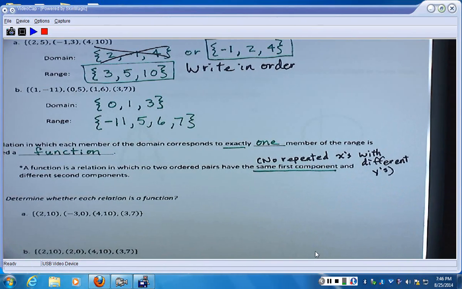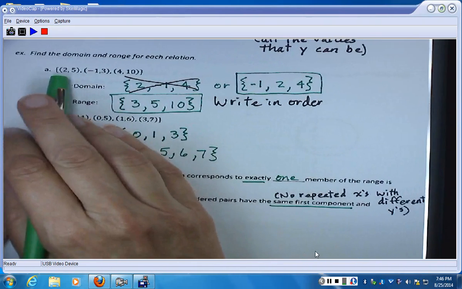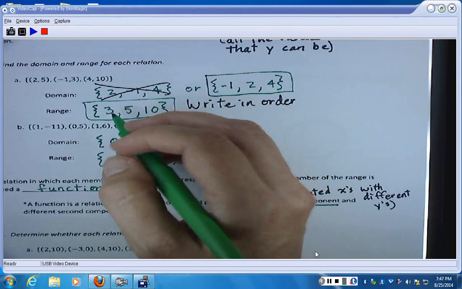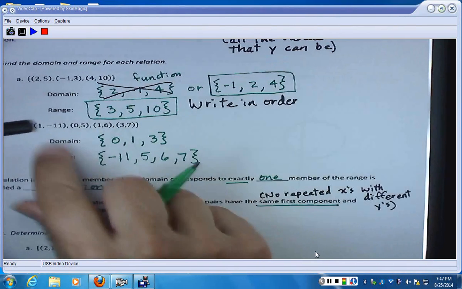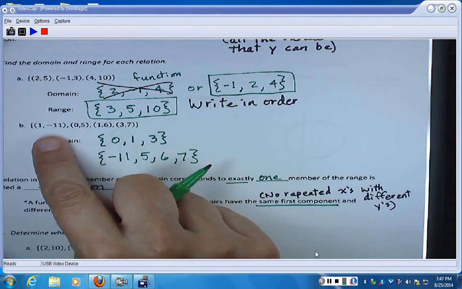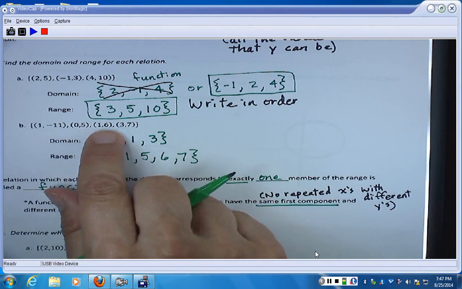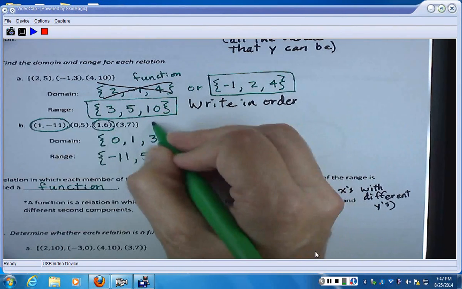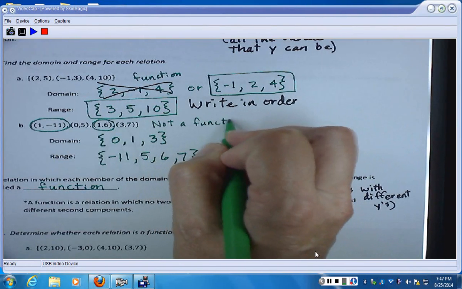Is this one a function? We have 1, negative 11, and 1, 6. So this is not a function. It's still a relation, but it's not a function.